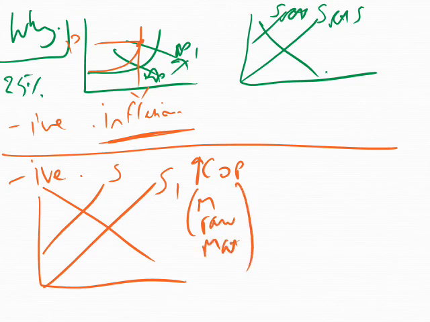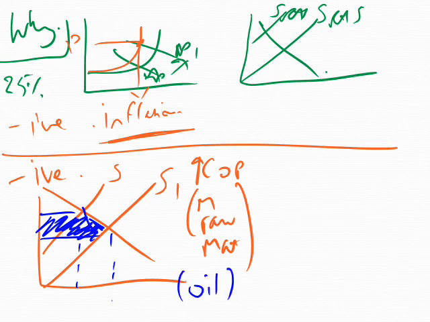Then to take this in a little bit more detail, you could reduce consumer surplus within the economy. So you could talk about it in the market for an imported good like oil, and say that the price of petrol and diesel is going to rise for consumers, and then the quantity could fall.